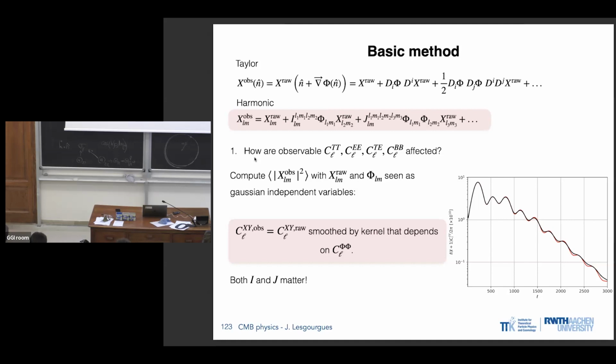Here I am working on the sphere. Instead of working on the sphere, I can go to harmonic space. I can do a spherical harmonic expansion of all functions and write that my observed multipoles, X_lm, are, from here the unlensed one, and then each term will give me some complicated linear combination with some coefficients multiplying here one φ_lm and one unlensed X_lm, and here two φ and one X. And these coefficients here are horrible.